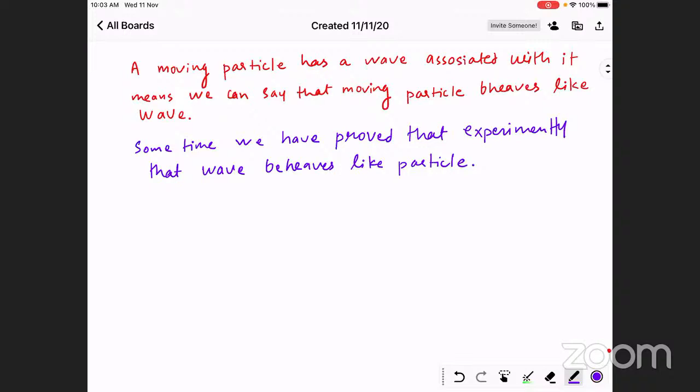Okay. From here, this chapter will start: dual nature of matter and radiation. I hope you all understood.